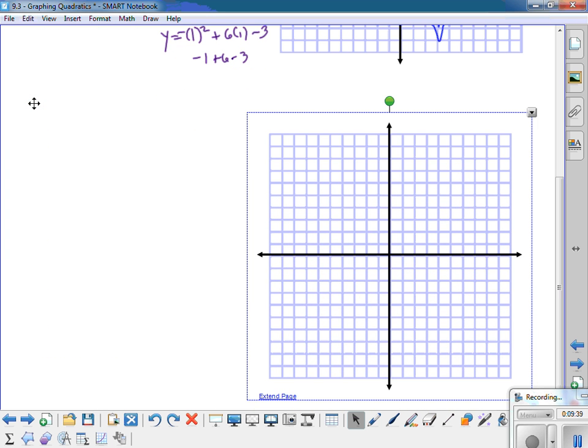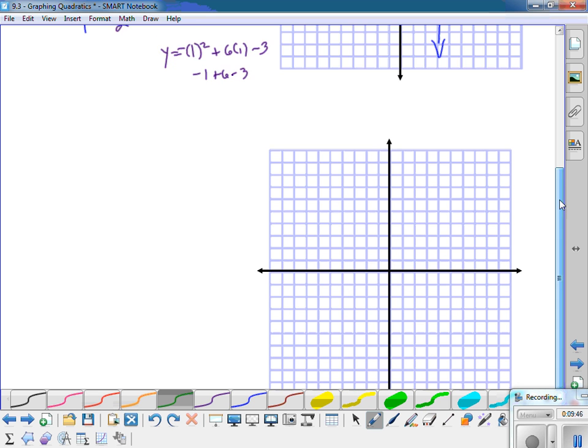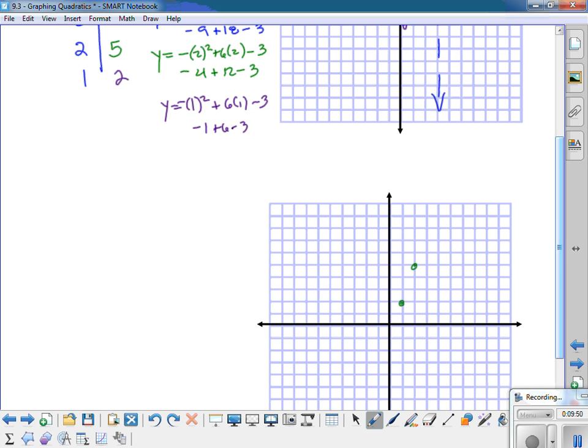So suppose I had plotted those points without plotting the axis. So we had 1, 2, and there. Suppose I had just those points plotted. What I see happening is people use the y-axis as a mirror and do this, and they end up with this really weird looking graph.